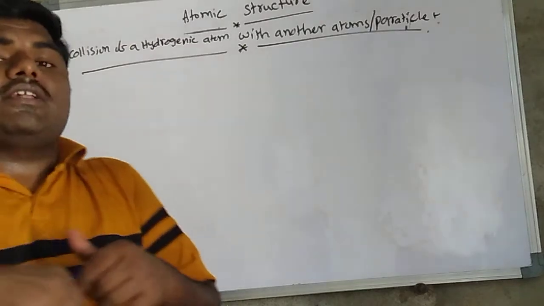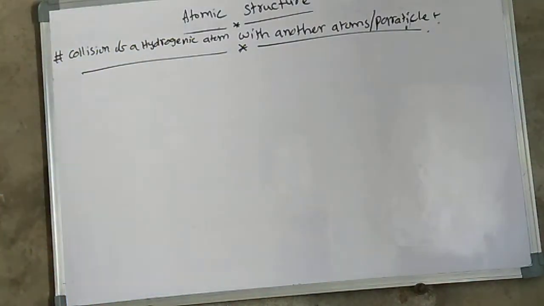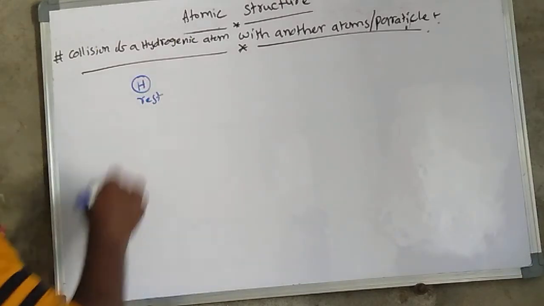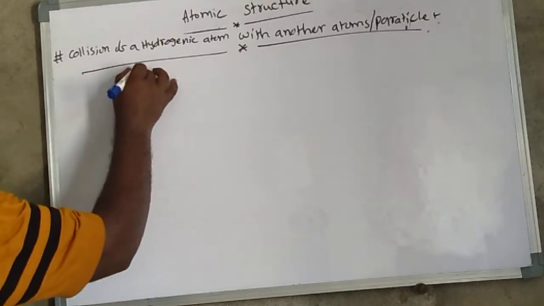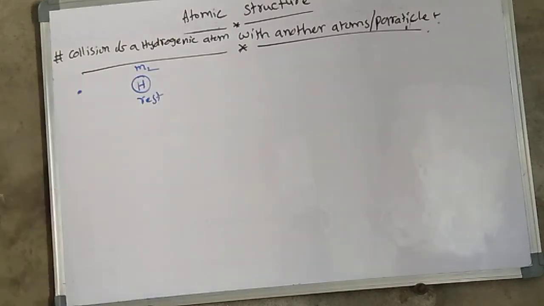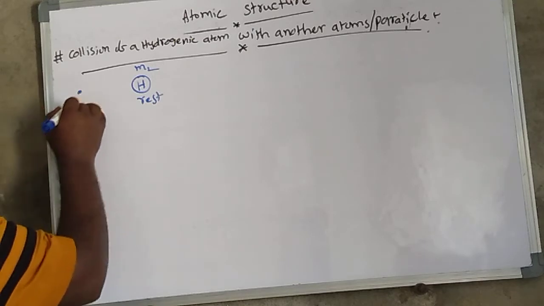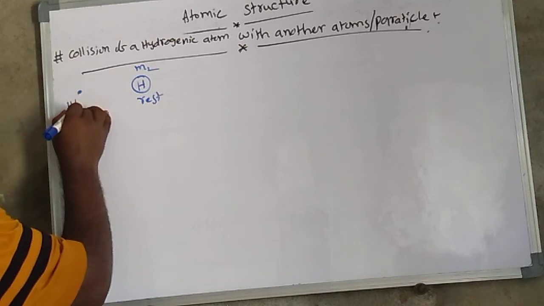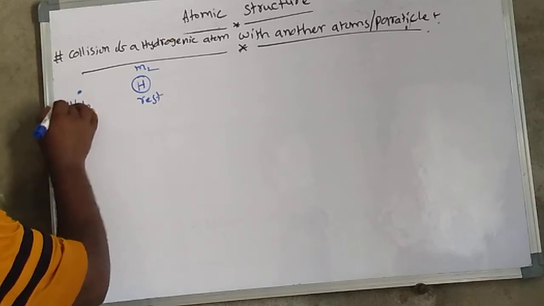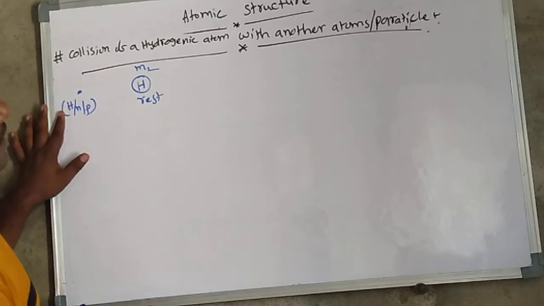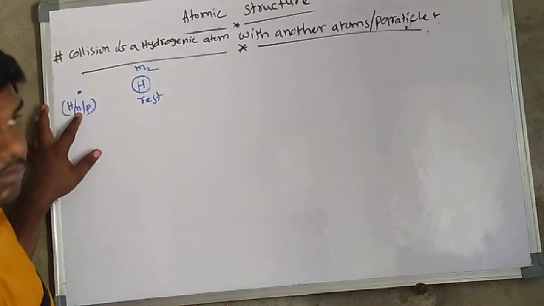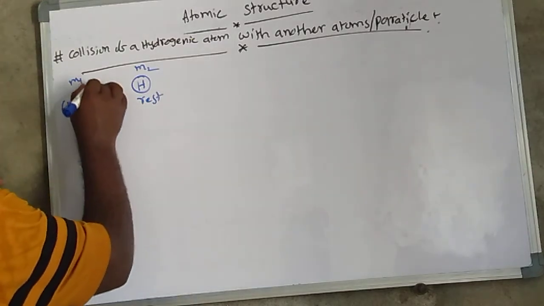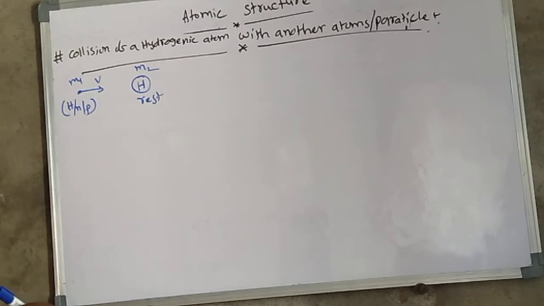Let us consider this hydrogen atom at rest, with mass m2. Another particle, whether hydrogen, nuclei, neutron or proton, this is a hydrogen-like atom, nothing but electron or proton or neutron. This mass is m1, moving with speed v.